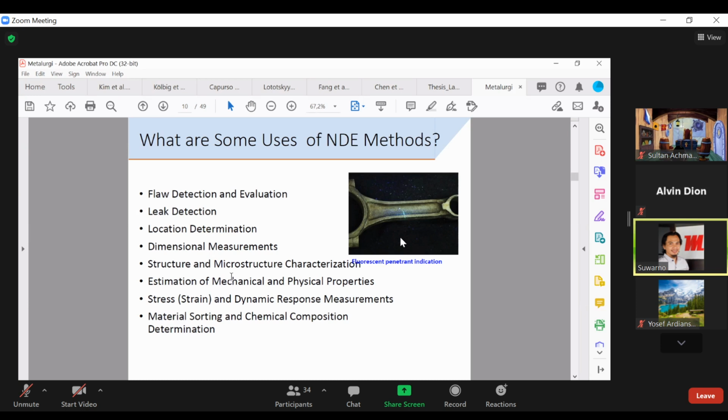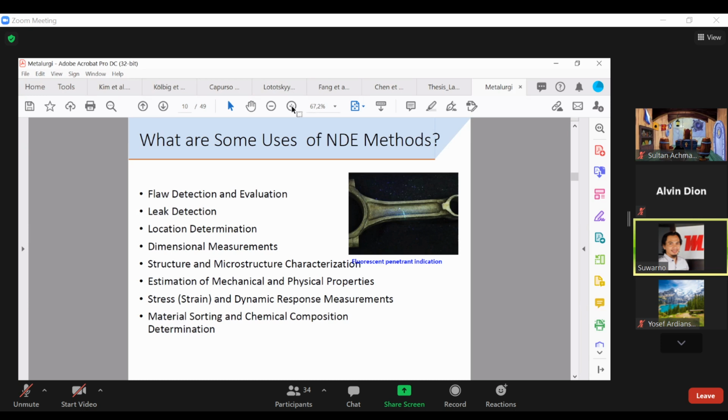Another case is for structure or microstructure when it is changed because of application. For example, when you weld something and then apply it for a long time at high temperature, some microstructure will change, and you can do NDT to measure if there is any change in the microstructure.